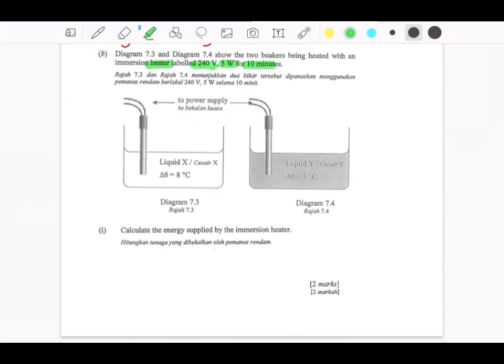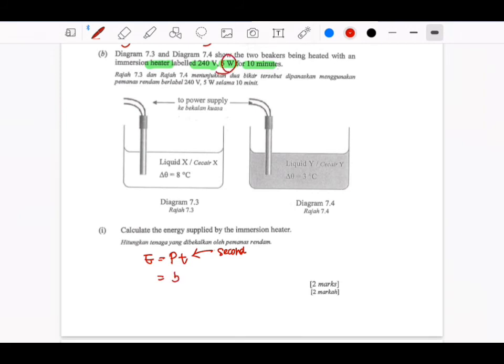The voltage, power and the time are given. Calculate the energy supplied by the heater. So for the energy, electrical energy will be equal to the power multiply the time. And you must be aware that the time must be in seconds.